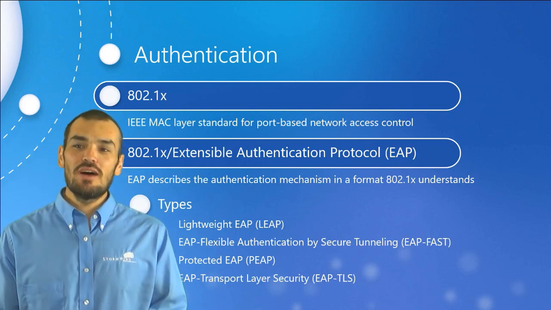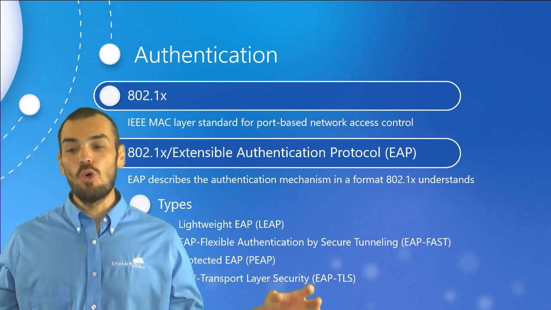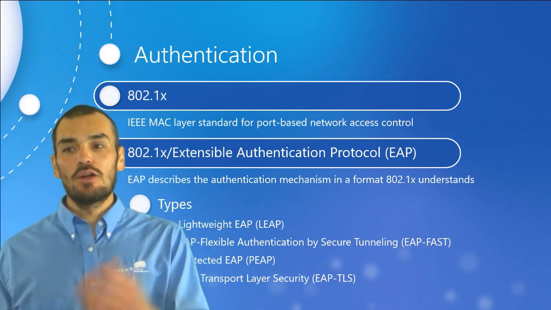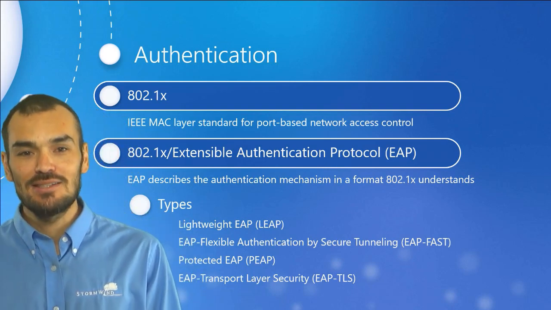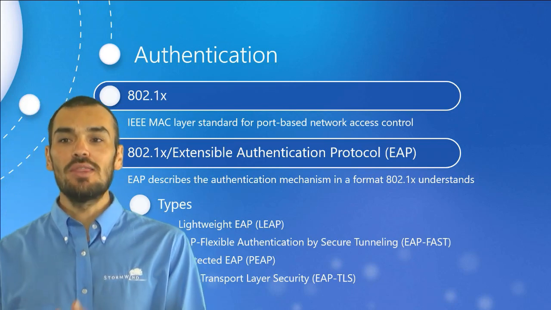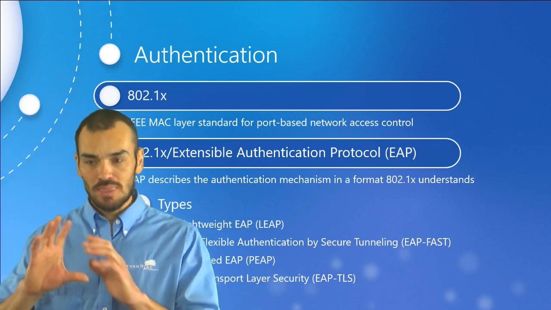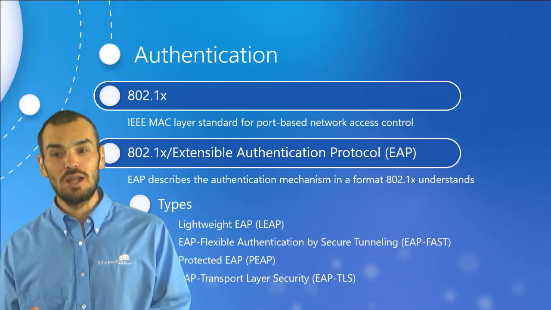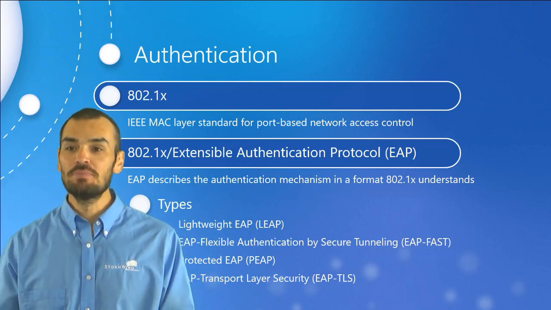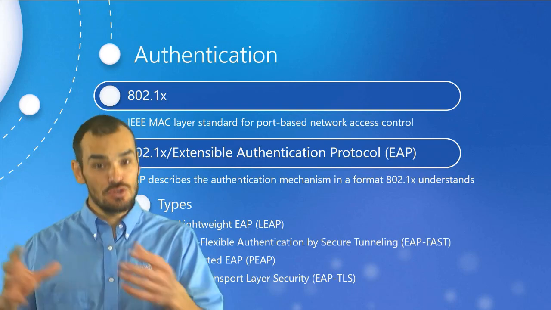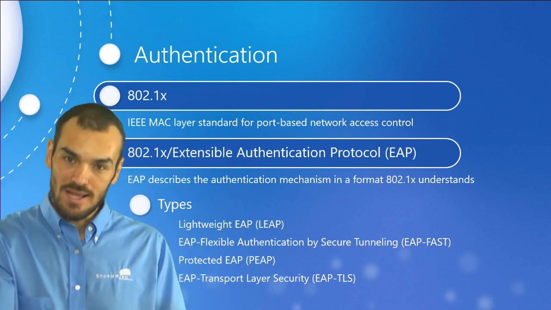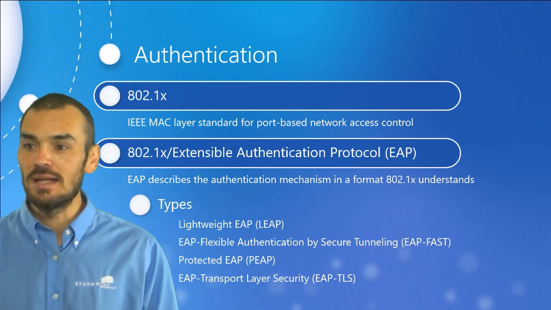EAP-FAST, Flexible Authentication by Secure Tunneling. The credentials in this case get passed via a Protected Access Credential, or PAC, with inner and outer authentication. A shared secret would be generated by the authentication server that is used for the mutual authentication, so the client can recognize the access point and the access point can recognize the client.